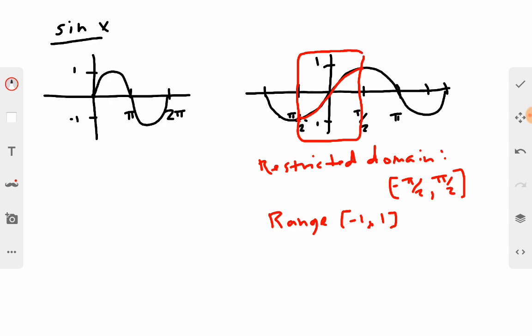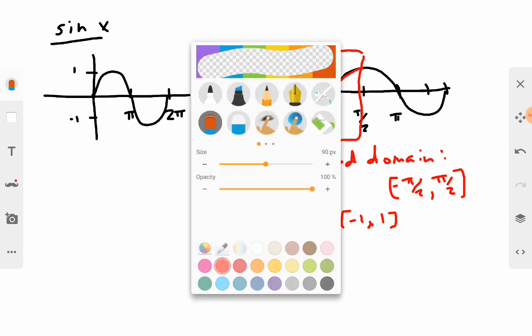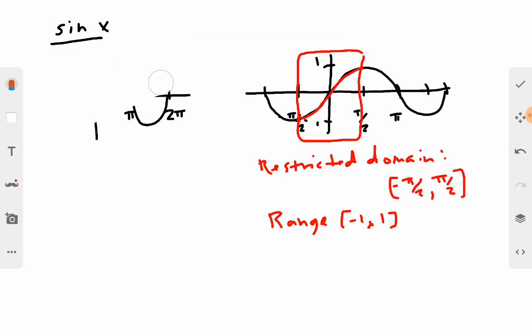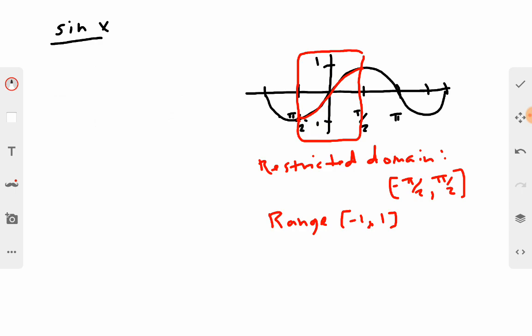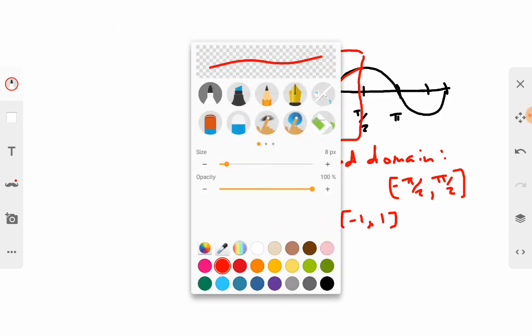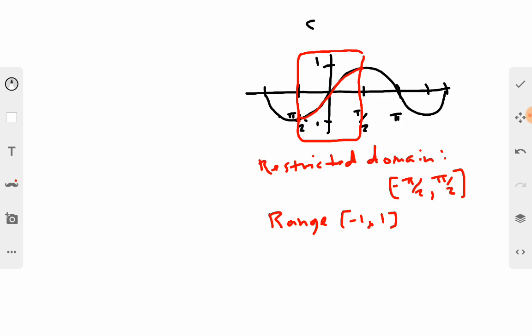Okay, so now when we look at the inverse of this, let me come back over here. Okay, so here's sine x.